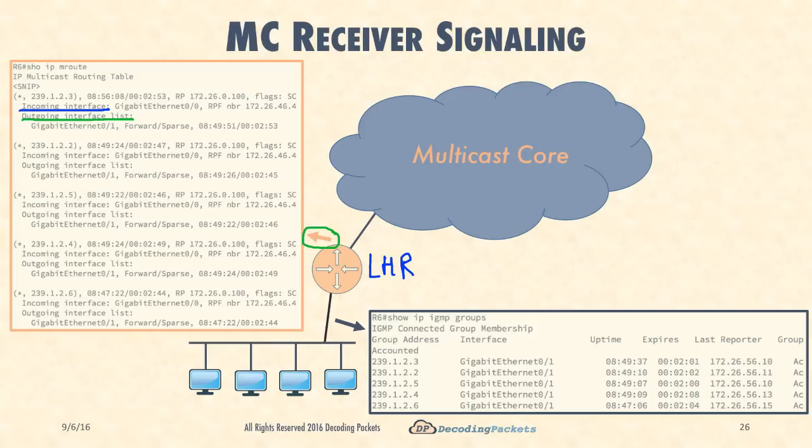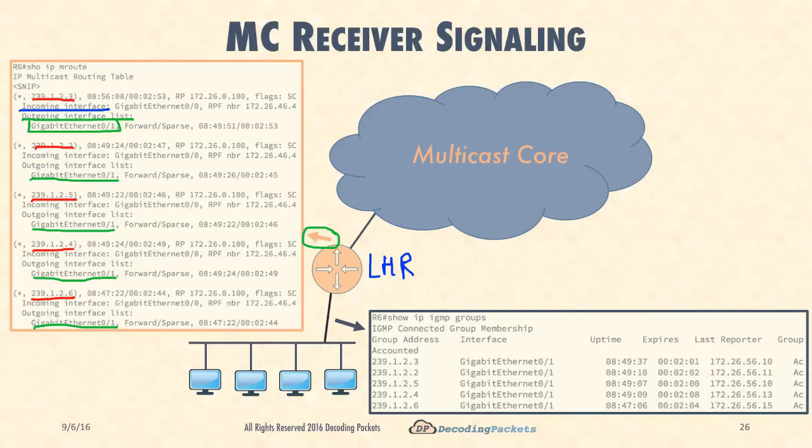The intent is to show where this information is coming from. Where is this gigabit Ethernet 01 coming from? For all of these groups. So there are groups and there are oils for those groups. Looking at the groups, here's a group, there's another one, another group, and two more. So all of those groups have oils. And what I'm trying to show here is where is that information coming from?